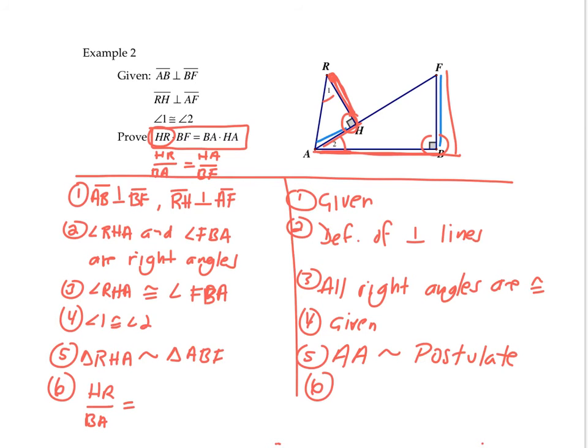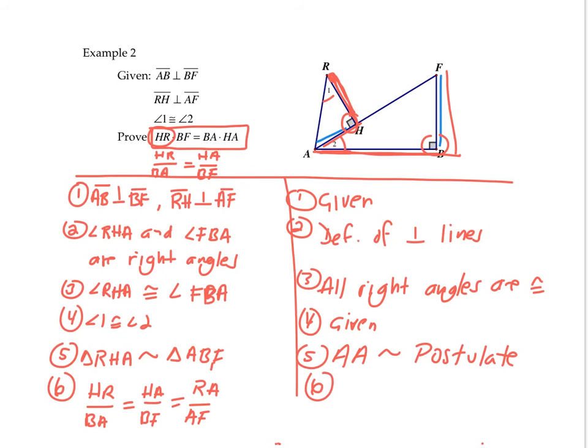So those corresponding sides have that ratio, and that would be equal to HA, the middle and last letter of the first triangle, to BF, which would be equal to, finally, RA, first and last letter of the first triangle, over AF.